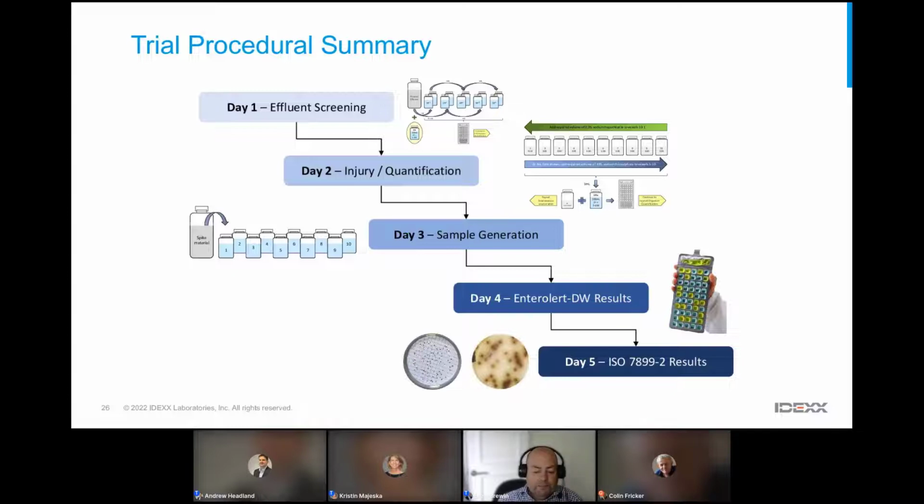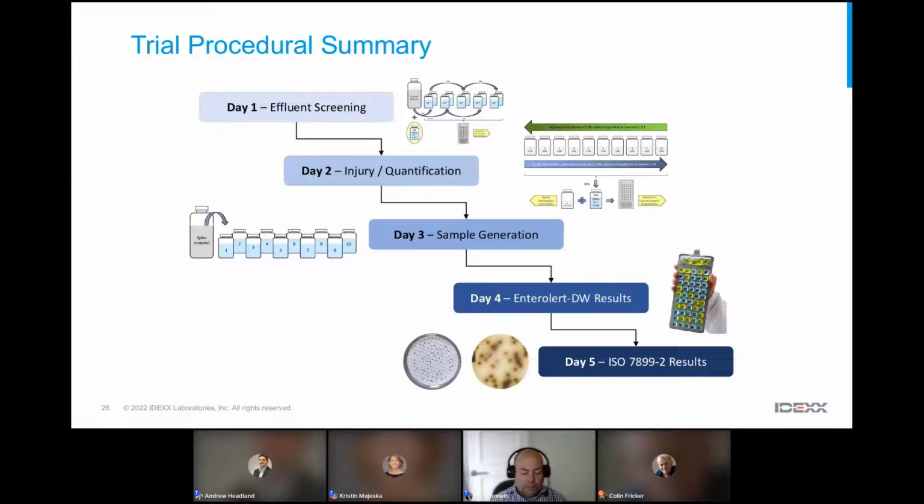Obviously, in effluent, the organisms are not typically injured. So we take them through a chlorination procedure in order to mimic the water treatment process. We then take potable waters from various geographical locations and we inoculate those water samples with both chlorinated effluent and unchlorinated effluent to generate our water samples.